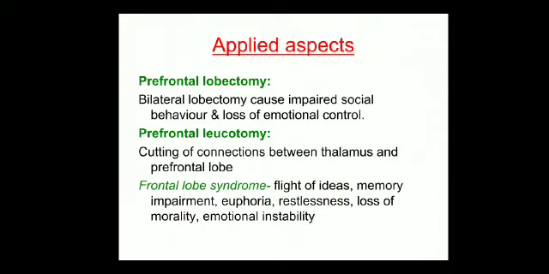You will see flight of ideas, difficulty in planning, euphoria, that is a sense of well-being, and failure to realize or indifference to the seriousness of other feelings or emotions. Memory will be impaired, with lack of initiative, followed by marked depression of intellectual activity, emotional instability, and then attention and power of concentration are lost, and restlessness develops. All this we see when the connection to the thalamus is lost.